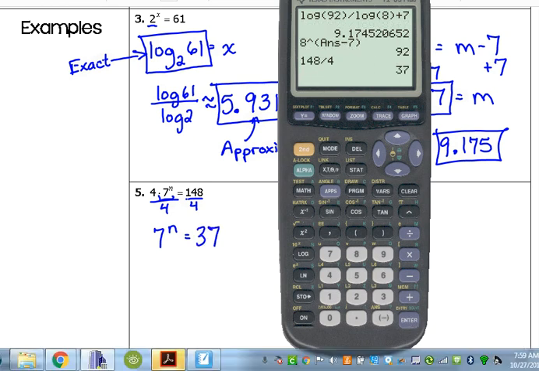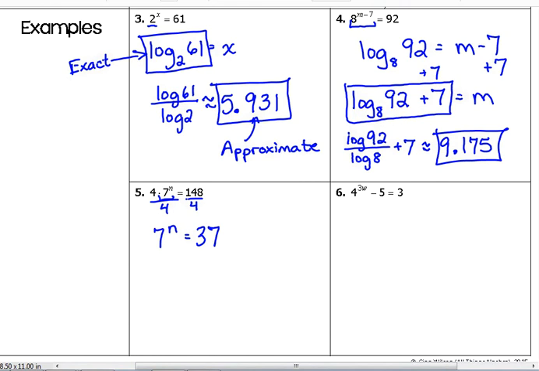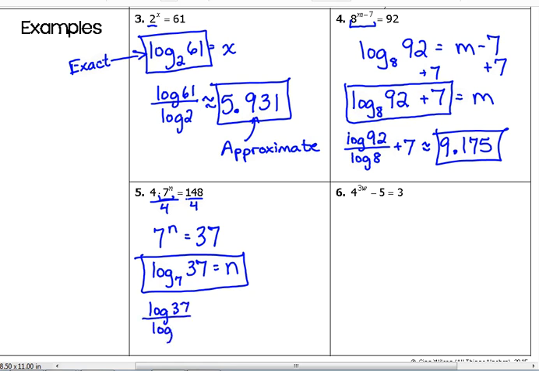Okay? Now, we would love it if 37 were a power of 7. It is not. So we've got to write it in log form. Log base 7 of 37 equals n. We don't have to do any more work past that point. That is the exact answer for n. If we wanted an approximate answer, we use our change of base.